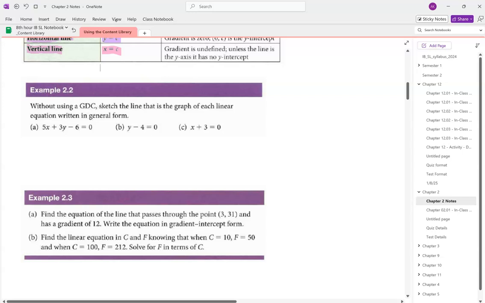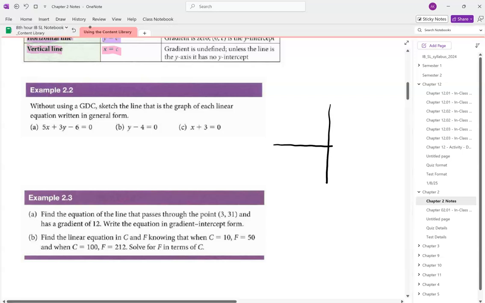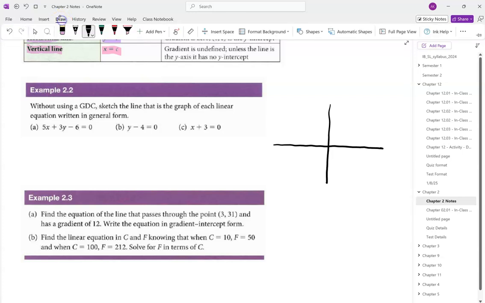All right, without using our calculator, let's say we want to sketch a graph for each of the following equations for lines. The first one, 5x plus 3y is equal to negative 6. What do we want to do here?